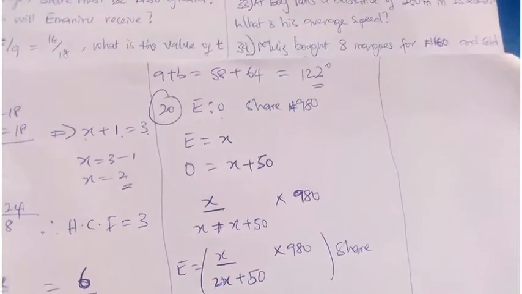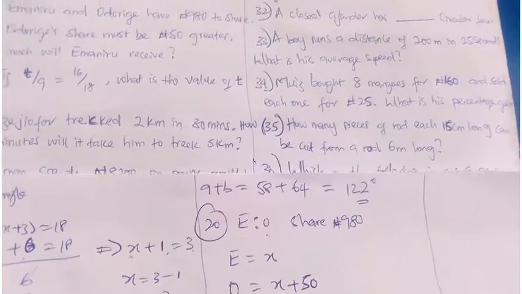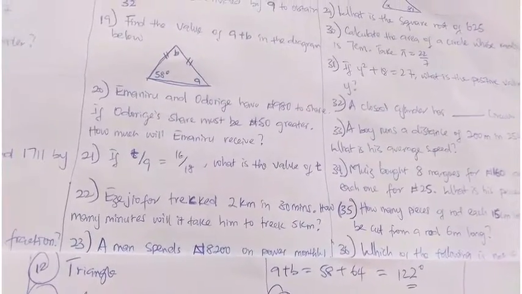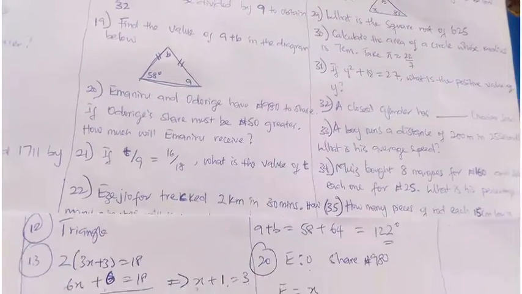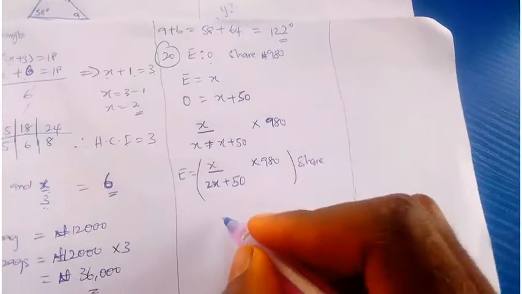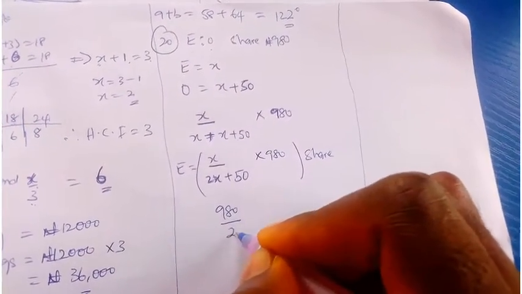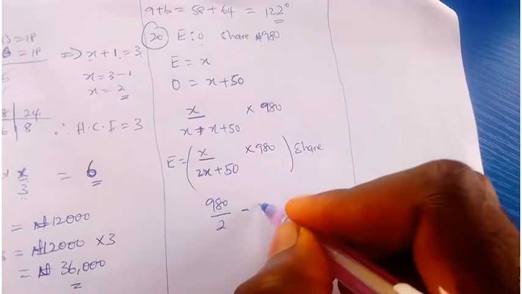Only if we want to take it in this form, since they said Odorije's share must be 50 greater than Emmanuel's share, in that case I can now say 980 divided by 2 minus 50.